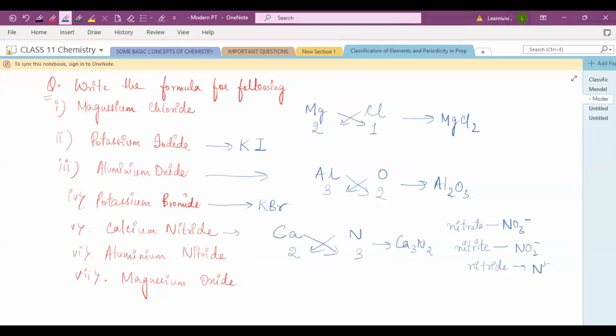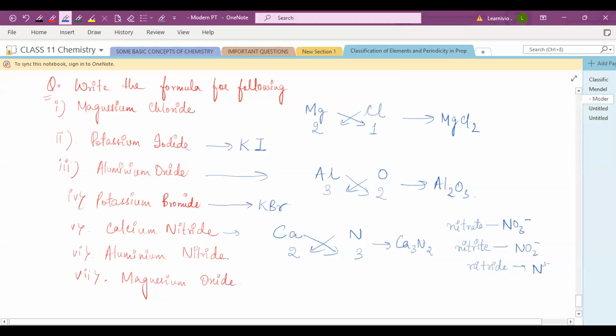Similarly, do it for aluminum nitride. AlN.